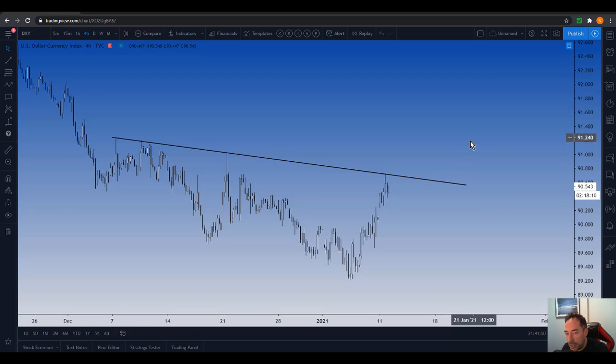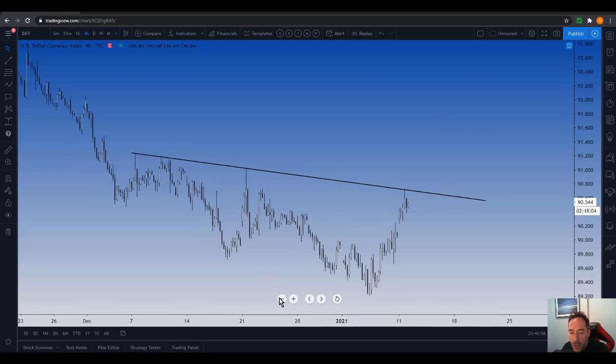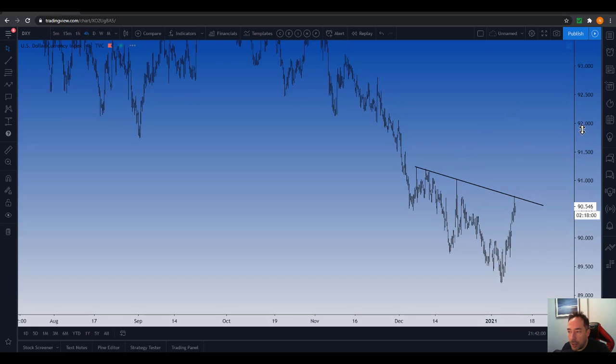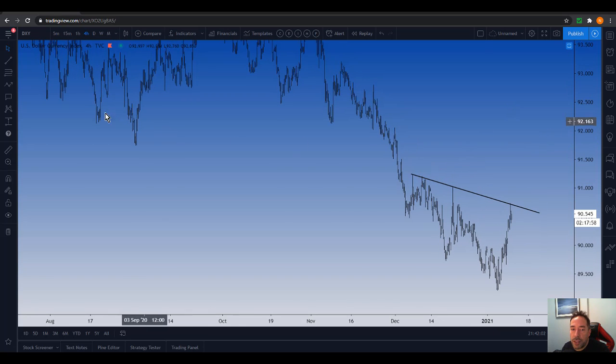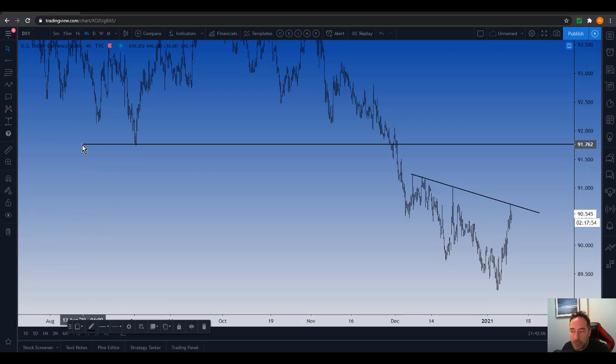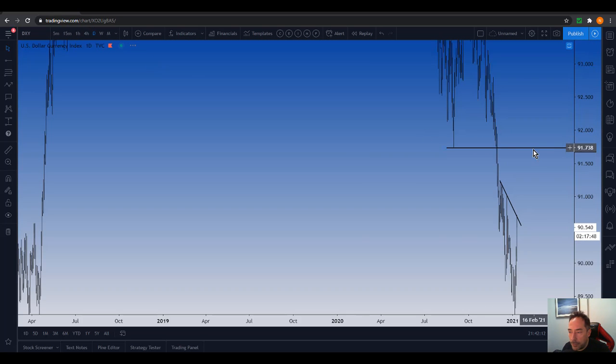If that dollar strength is going to continue, I'd like to see this broken, retested, and then look to go long. As I mentioned earlier, targets for me would be around that 92 level. We've got that low there at 91.733.